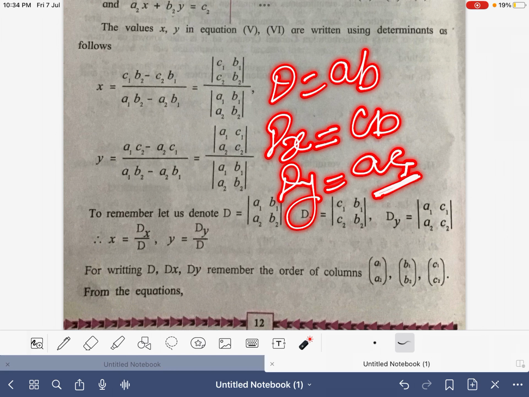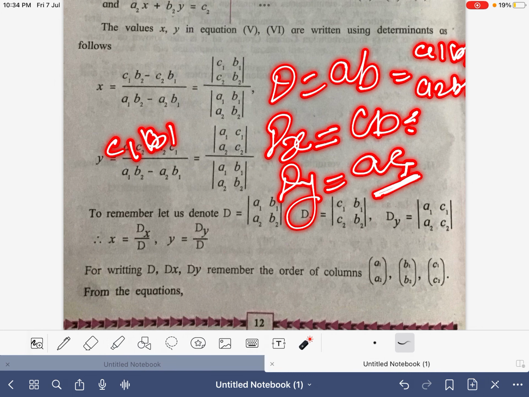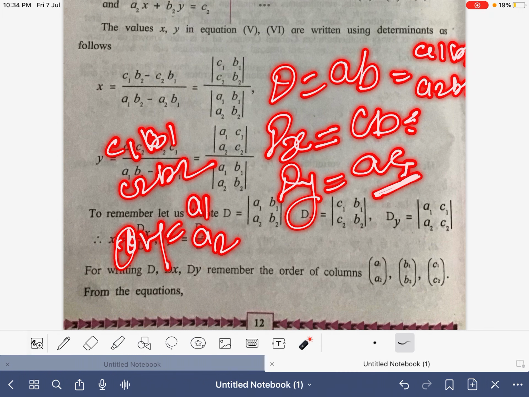Therefore the determinant d is a1 b1, a2 b2. Similarly, dx is c1 b1, c2 b2, and dy is a1 a2, c1 c2.